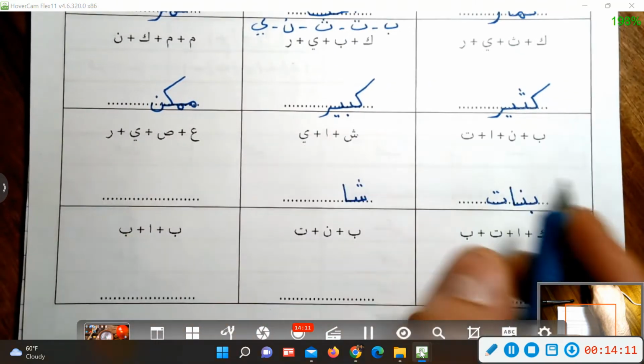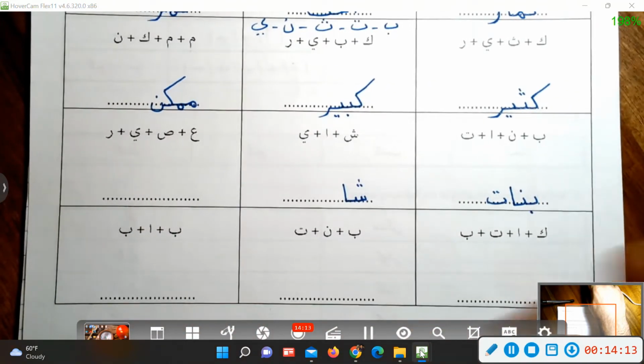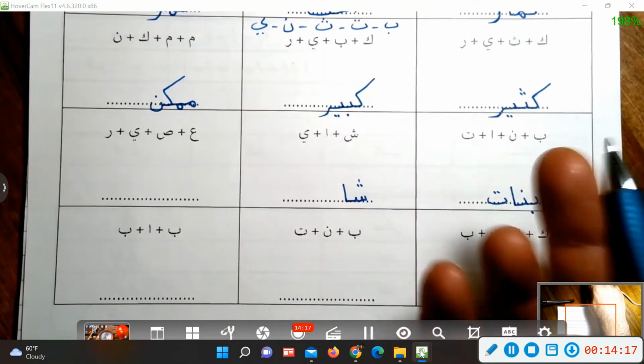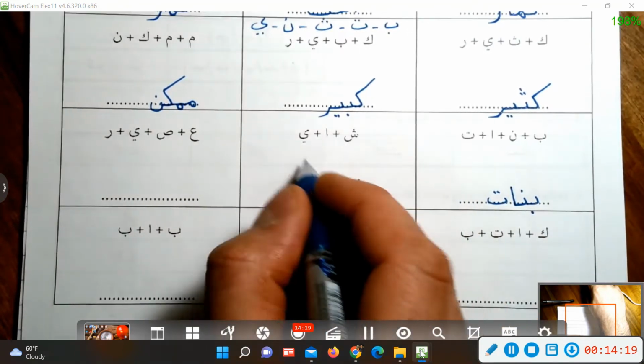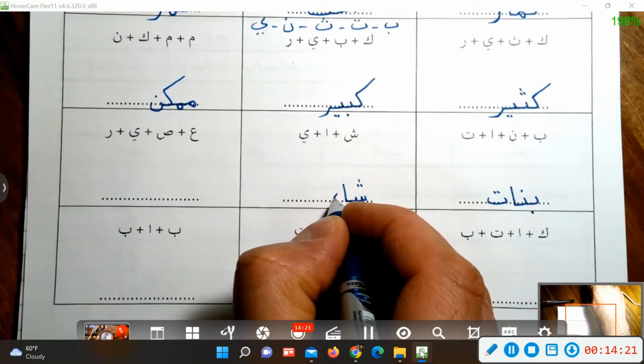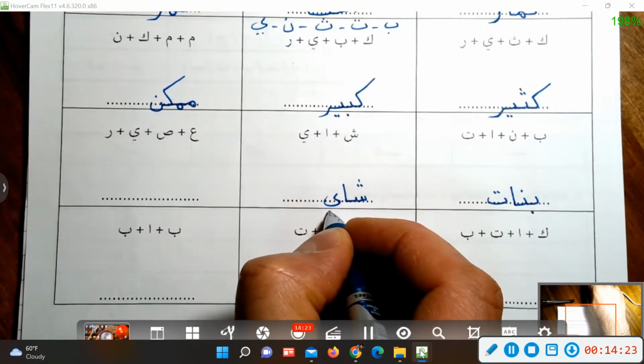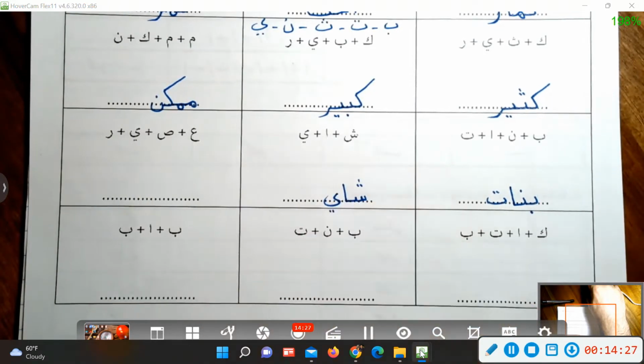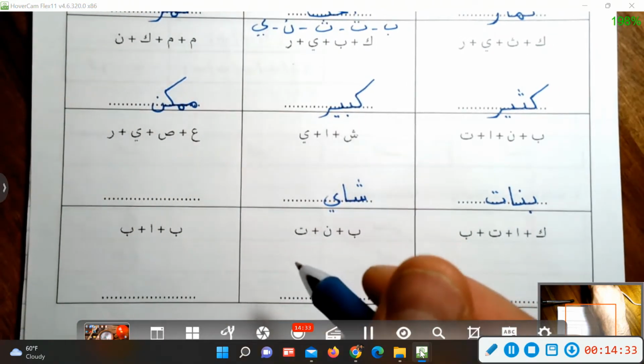Now the ya stays as it is and doesn't connect to the alif because alif does not connect from the left side. So here, ya stays as it is. Half of it under the line, a little bit above the line, doesn't change. Shay, tea.